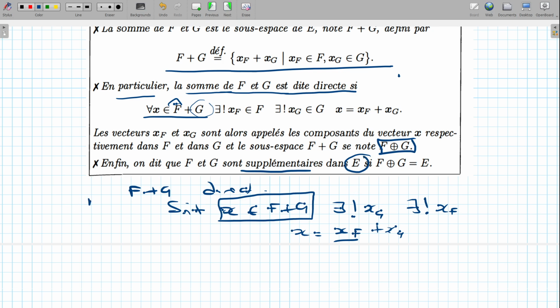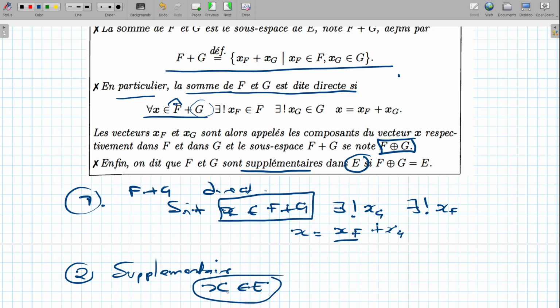Now, for the first definition, for la somme directe, the x is coming from F plus G. And then for supplémentaire, the x is coming from E. If every vector of E can be written in a unique way, x is equal to xG plus xF, then the two vector spaces F and G are going to be supplémentaires.